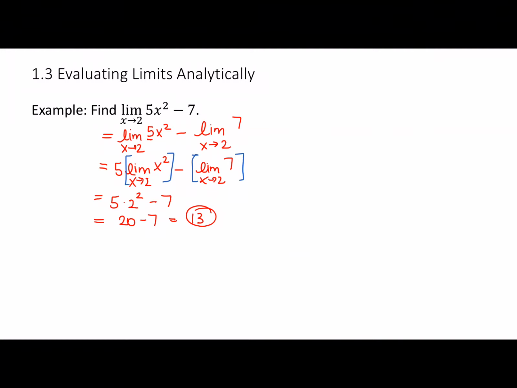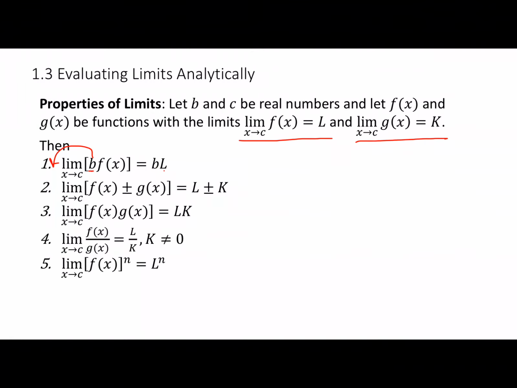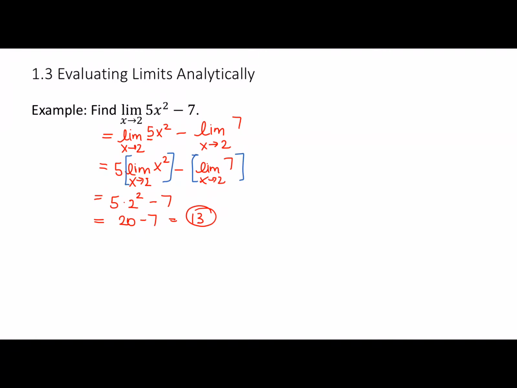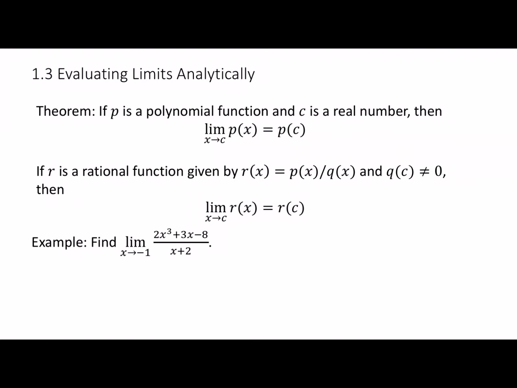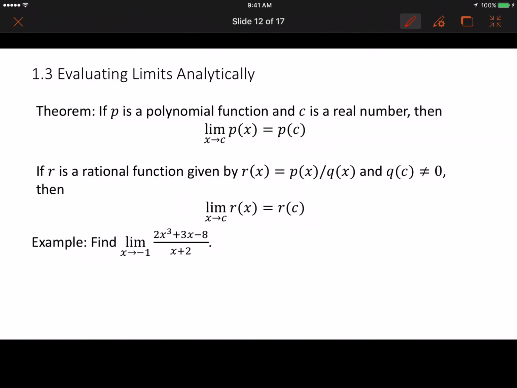Okay, and that just comes from those properties of limits, just like we saw here. If I plugged in 2 directly, whoops, I got 13. Okay, so let's find the limit as x approaches -1 of this rational function. Well, I need to check that if I plug in -1 to the denominator, I won't get 0, and I won't. So by this theorem, I'm allowed to just plug in -1.